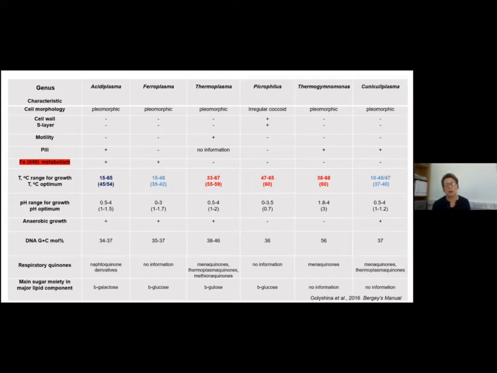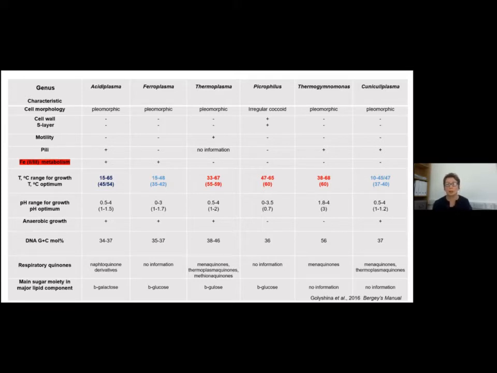Also, these organisms have mostly an organoheterotrophic lifestyle, but some members like Ferroplasma and Acidiplasma are also able to do iron oxidation and reduction.